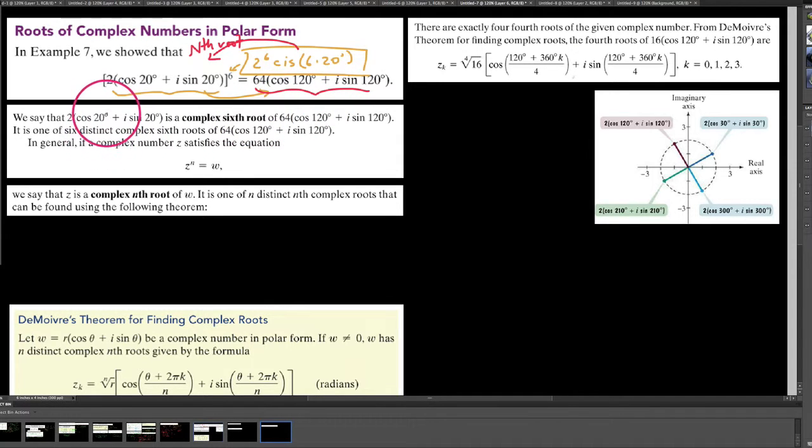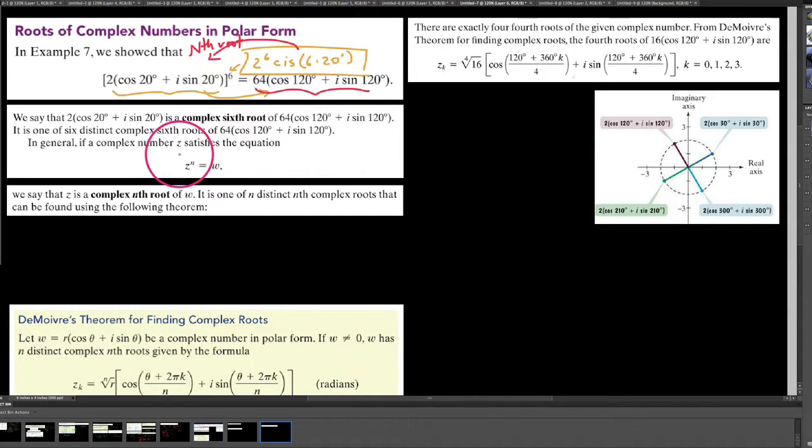And so we're going to say that this 2 CIS 20, we'll refer to it as a complex 6th root of 64 CIS 120. And what we notice here is basically that it is one of 6 distinct complex roots for 64 CIS 120.